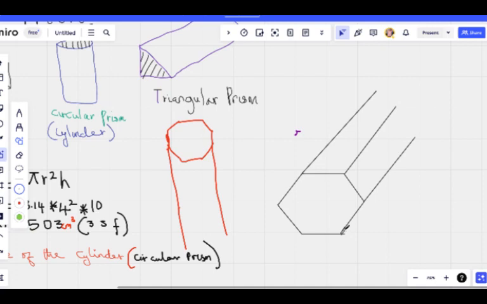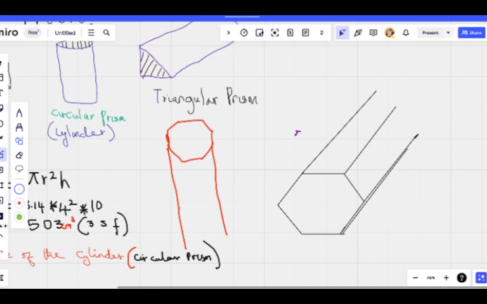So when we have a hexagonal prism, then they can ask you to calculate the volume of this hexagonal prism. So it's easy.